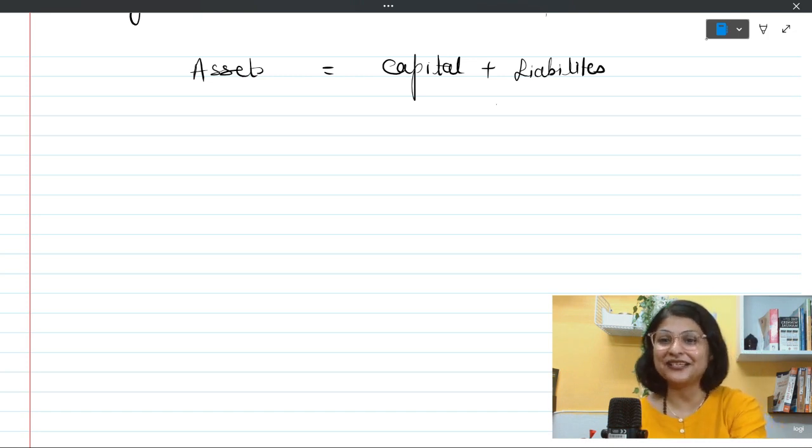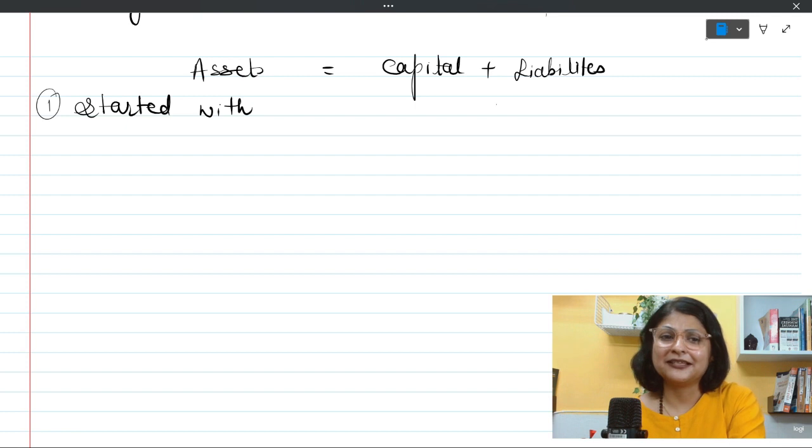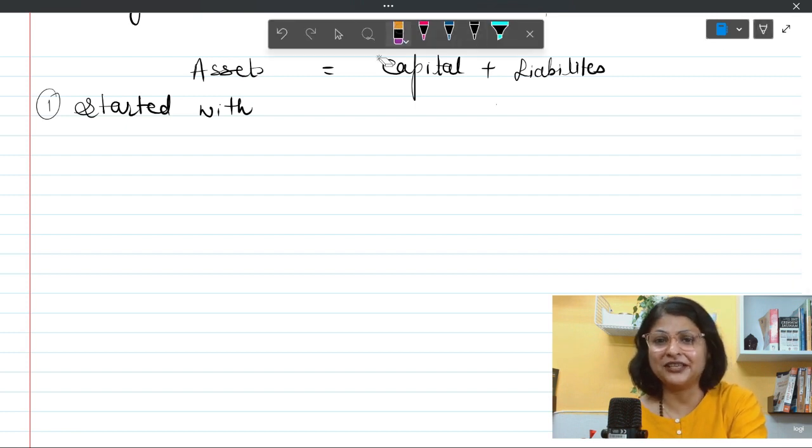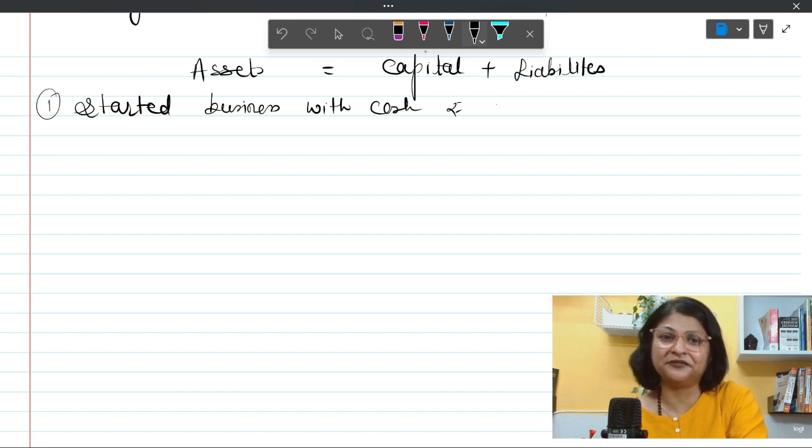So today's first transaction is: started business with cash. I'll tell you how to deal with it. If this transaction is given to you, started business with cash, let's say rupees 50,000.